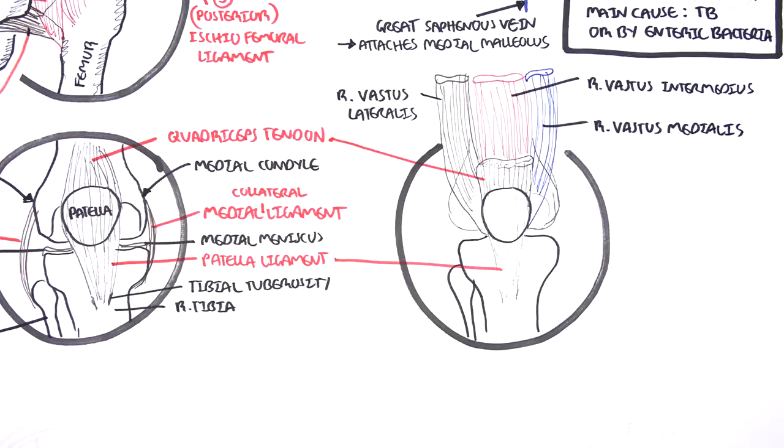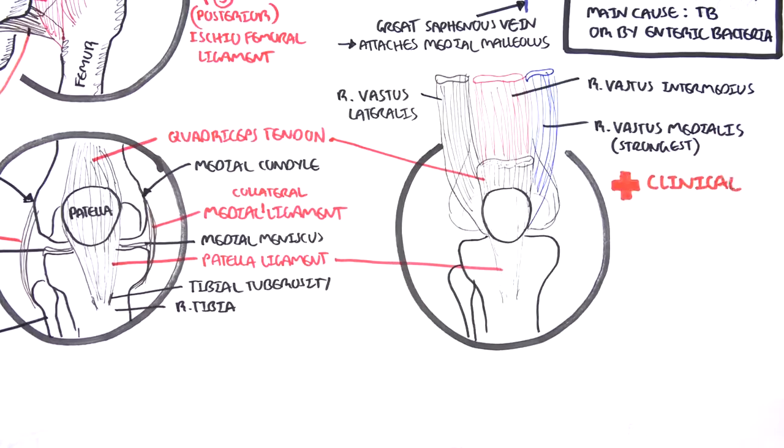And then this will continue to the patella ligament that runs through and joins with the tibial tuberosity. It's important to point out that the vastus medialis is one of the strongest muscles for stabilizing the knee joint.